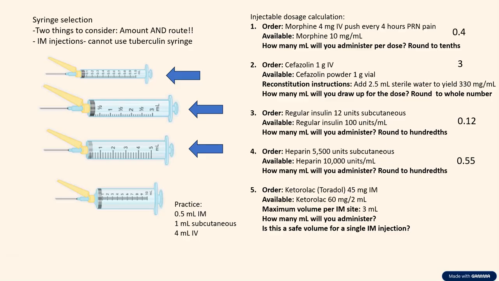The next question is, how many milliliters will you administer? The correct answer is 1.5 milliliters. Based upon the information, is that a safe volume for a single IM injection? Based on the information given here, the answer is yes. That is a safe volume to administer for that injection. So that's generally not the one that causes you problems.